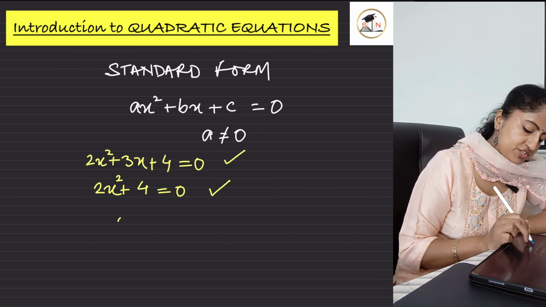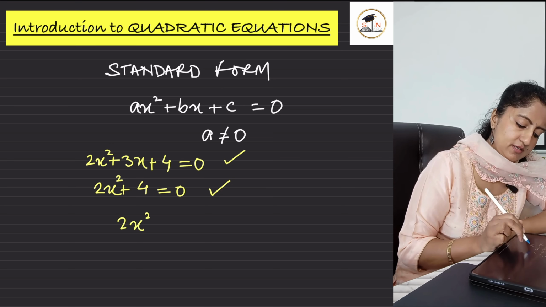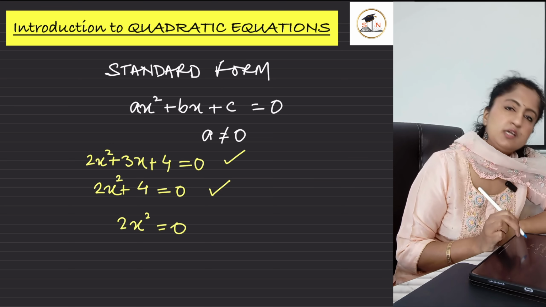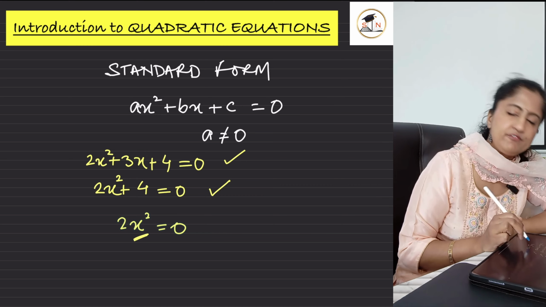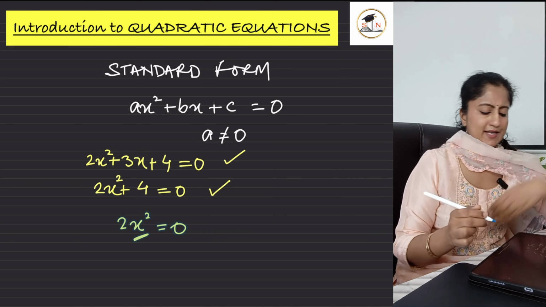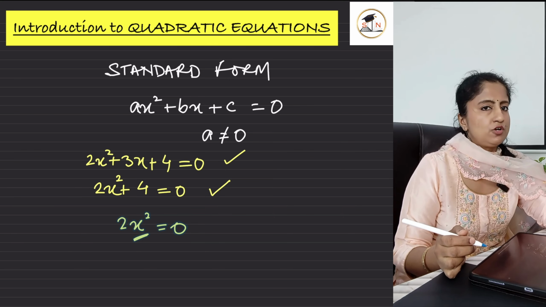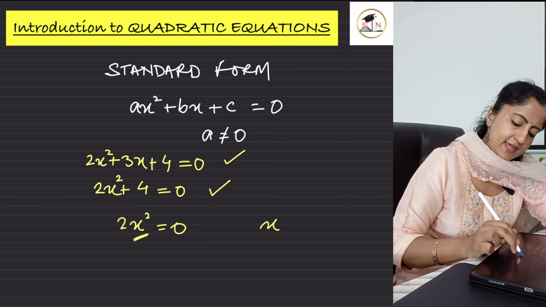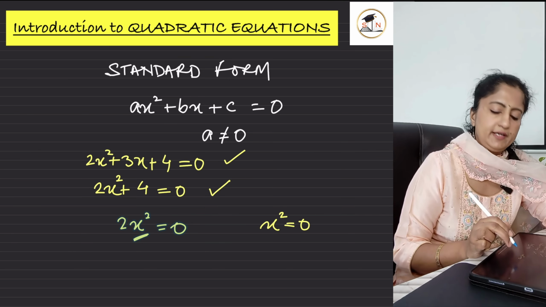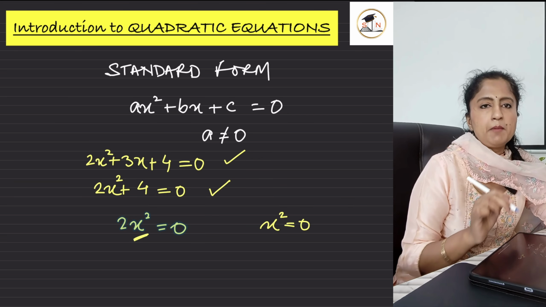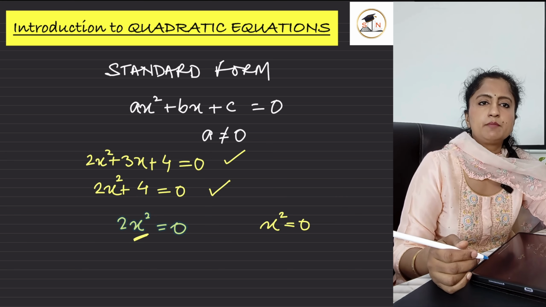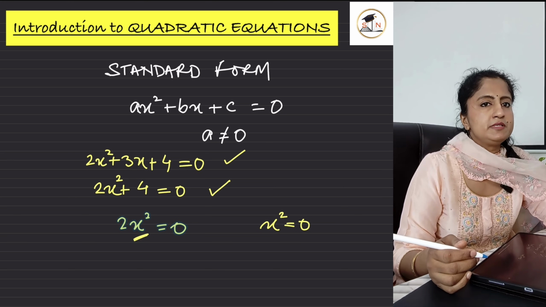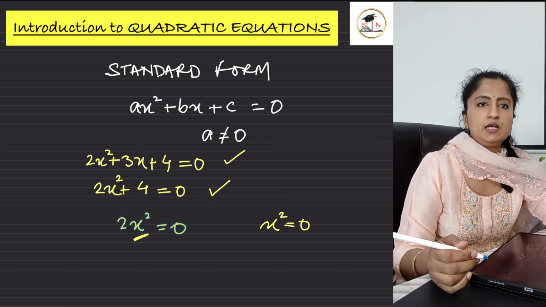And similarly, if I just write 2x square equals 0, this is also a quadratic equation because we have x square over here. Attaching a coefficient to x square is not mandatory. I can have x square equals to 0 also, right? We can have just 1 as well, but it can't be 0. A can be negative, A can be positive, but it can't be 0. That is the primary condition.